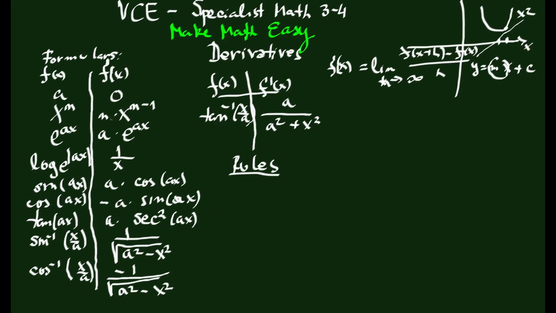Let's make them in a different color. Formulas and rules. Now rules. The very first rule would be called the product rule. So we'll get its name here, product rule.